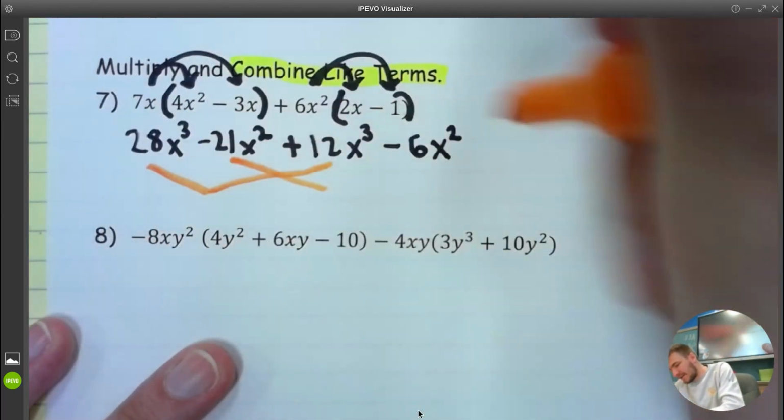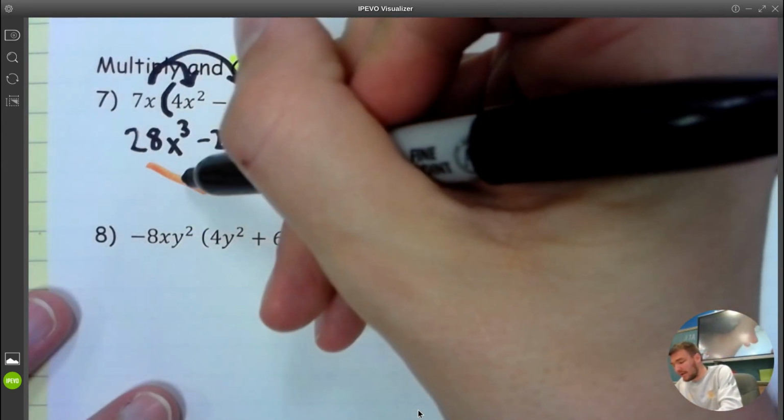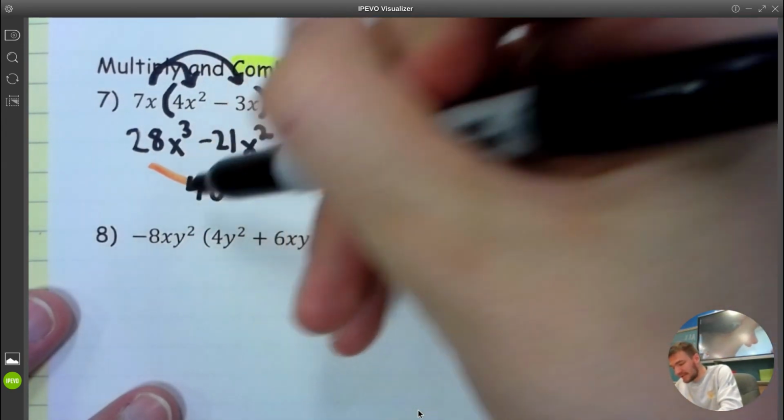X squared, x squared. Those things can combine. But we have to switch our brain because we're not doing multiplying anymore. We are doing adding now. So instead of multiplying, where the letters are changing, this is adding. 28 plus 12 is 40.